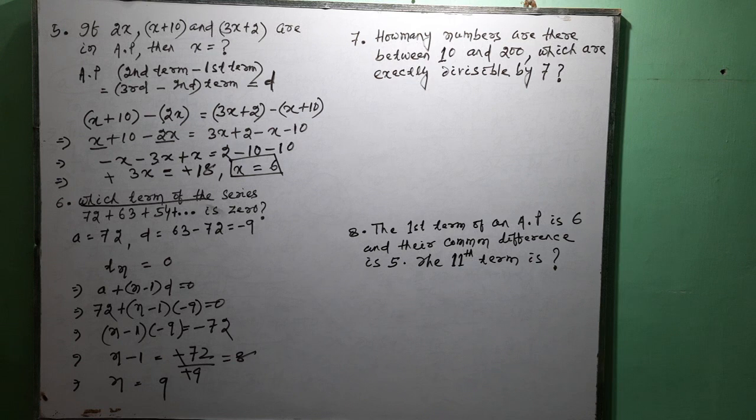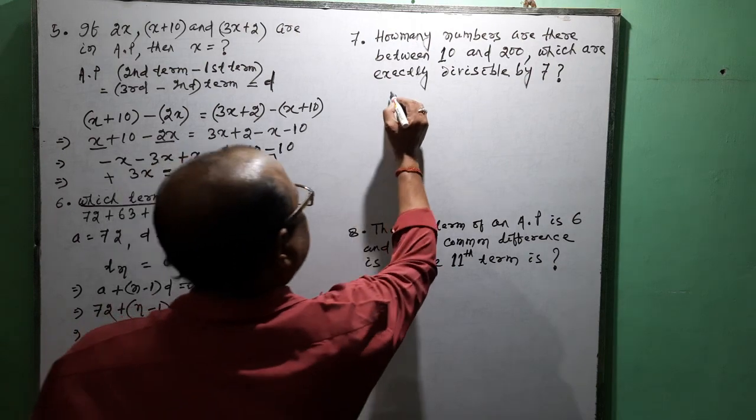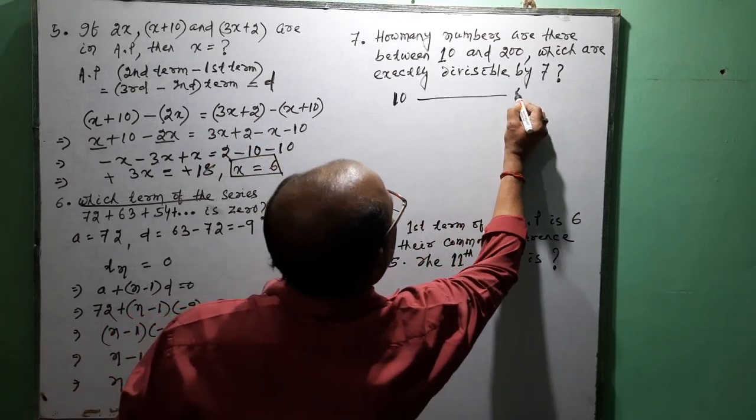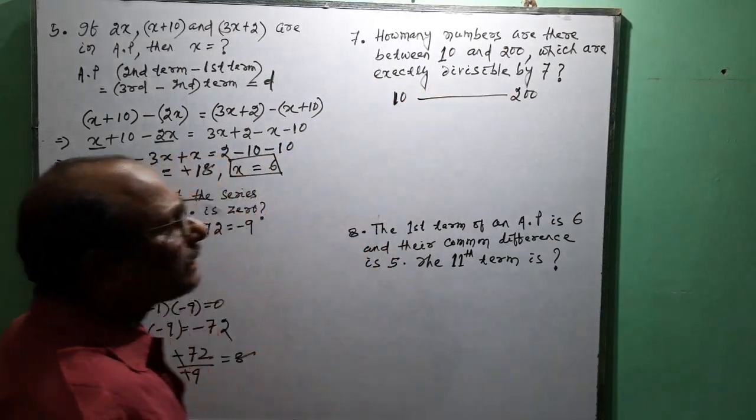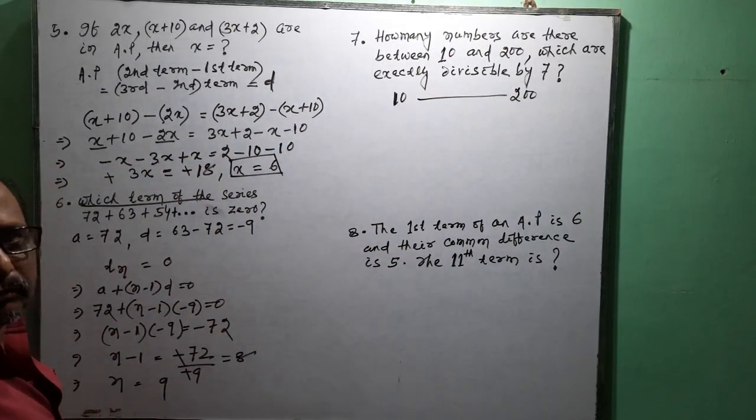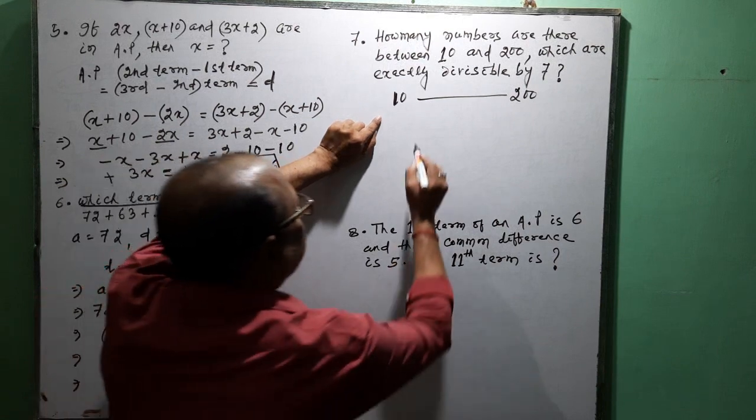Next, number 7. How many numbers are there between 10 and 200 which are exactly divisible by 7? The first number after 10 divisible by 7 is 14.